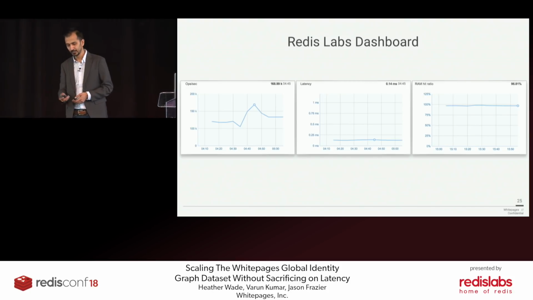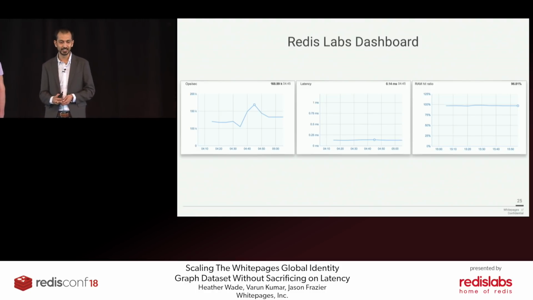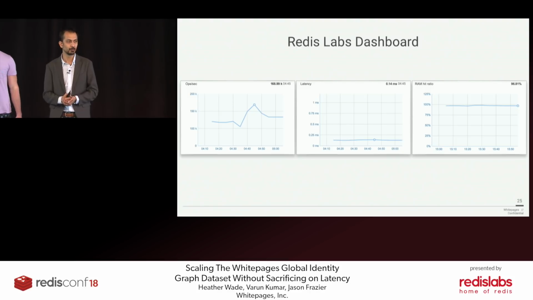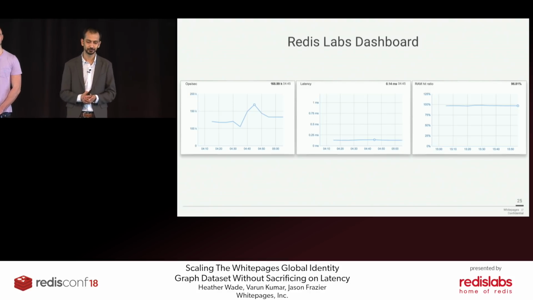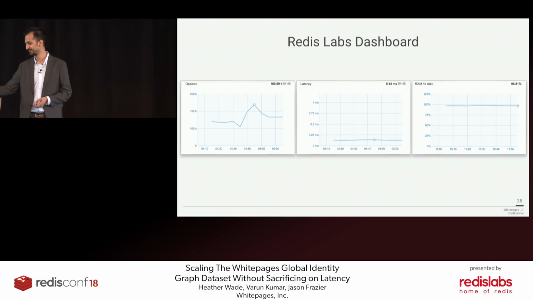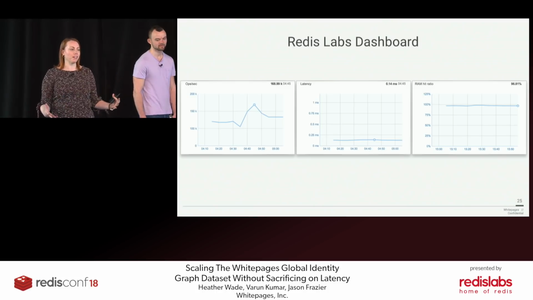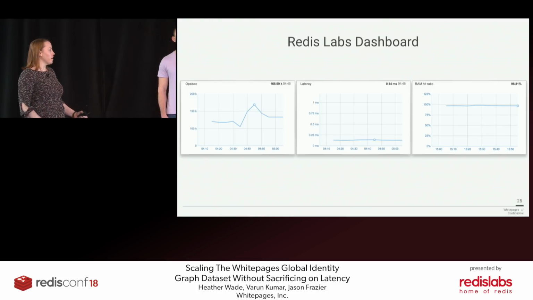I'll let Heather continue on some of the business benefits we got, because at the end of the day, we're a business company, not a research company. We do philanthropy, but still, we want to have business. Yes, at the end of the day, we were looking for this solution because we were outgrowing Redis on Elasticache.